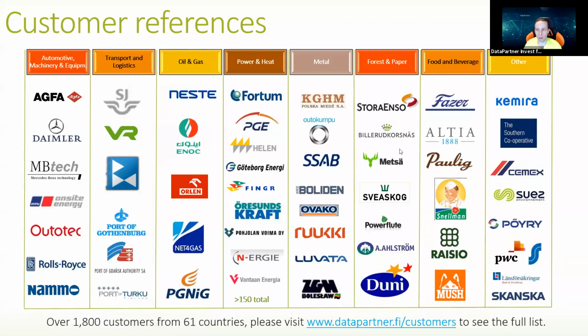Here are some more customer references. We have some strong names from almost any industry, like Neste from oil and gas, Fortum in power and heat, KGHM in metal, one of the biggest metal companies in the world, paper, food and beverage, automotive, and transport logistics. We have some municipal government customers and many other diverse industries. We're not just talking about big organizations.